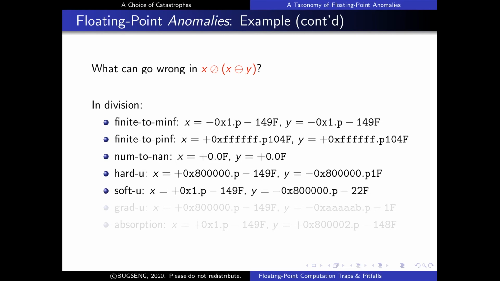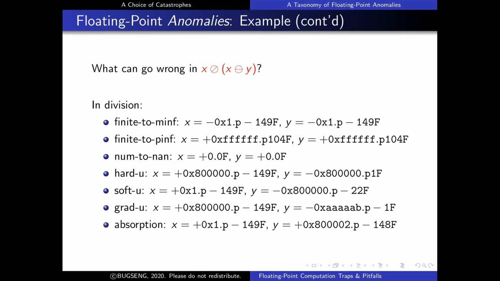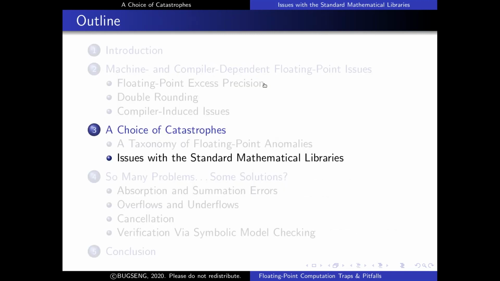We may have a soft underflow, so the generation of subnormals. One of the inputs is already a subnormal, and the result is 0, whereas the result on the reals is not 0. And gradual underflow, so two normalized numbers, and when we do the division here, we end up with the generation of a subnormal number. And we have absorption in the division. So in this tiny piece of code, many things can go wrong.